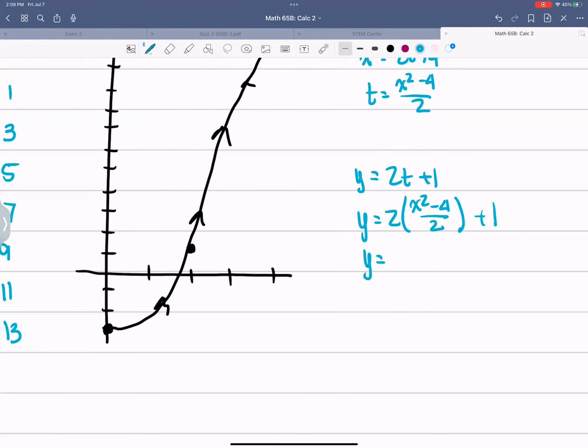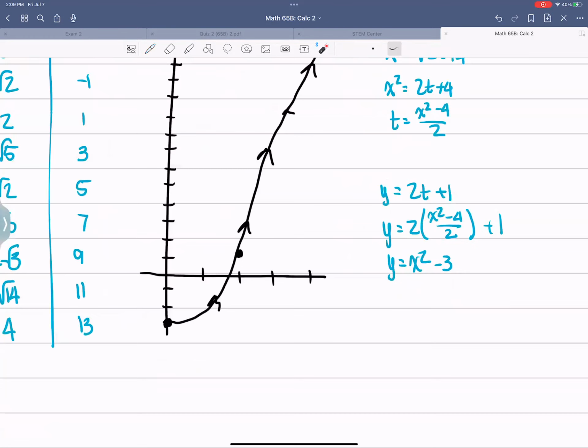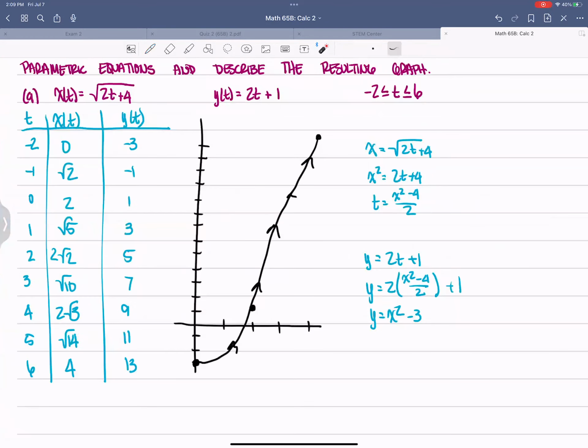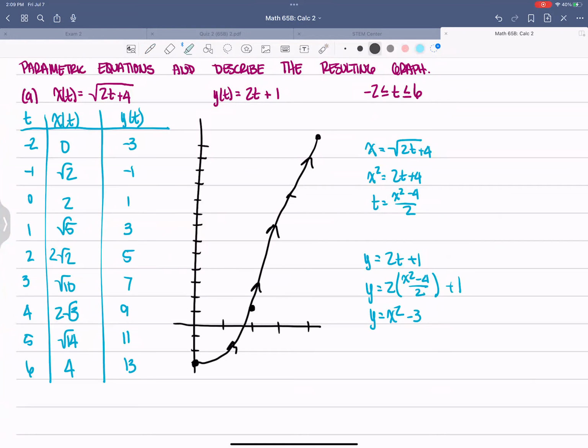We have y is equal to x squared minus 4 plus 1, which is going to be minus 3. So this here is a parabola shifted down 3 units, which is 1, 2, 3. That's what we have right there. And perfect. But more importantly, we are not in terms of t anymore.